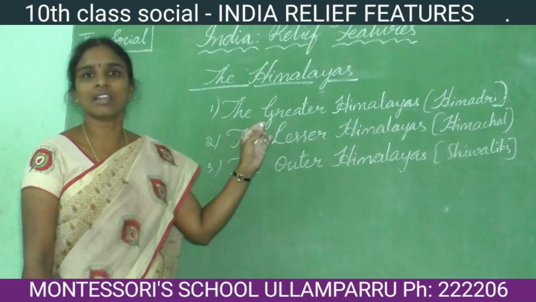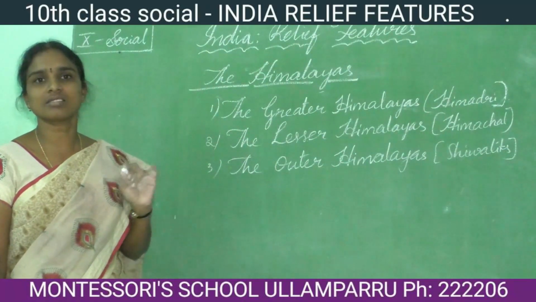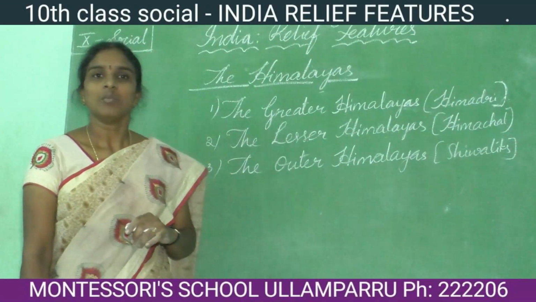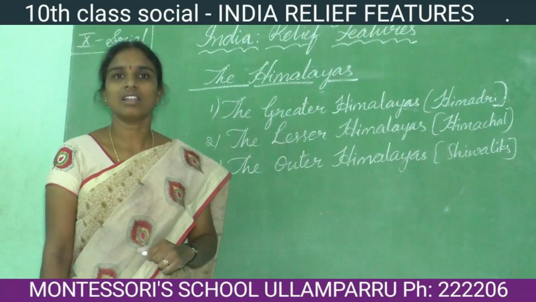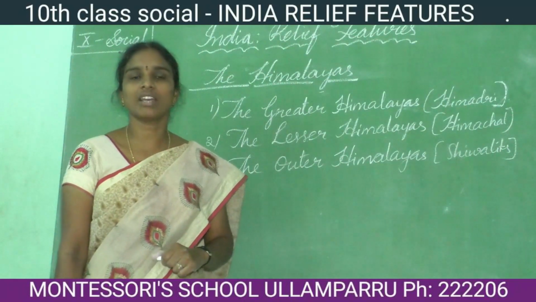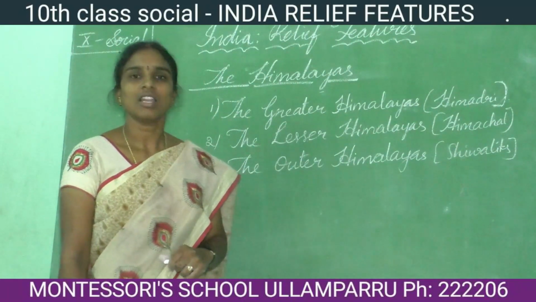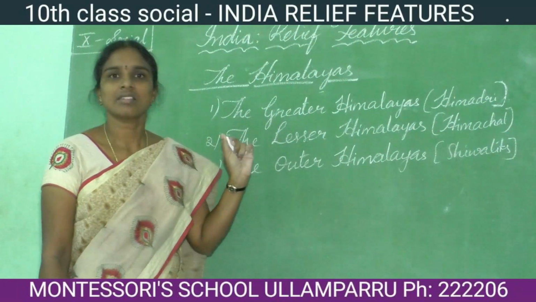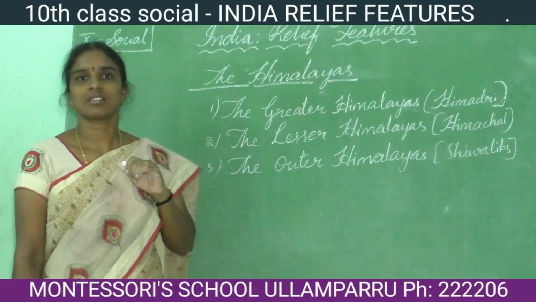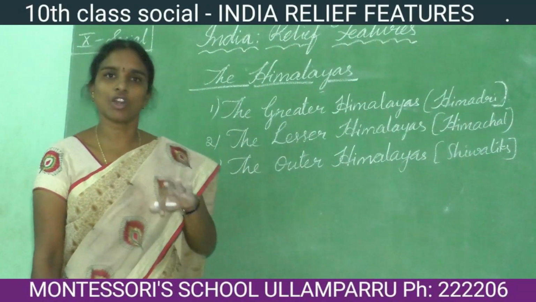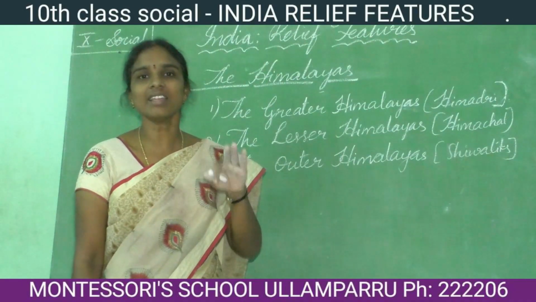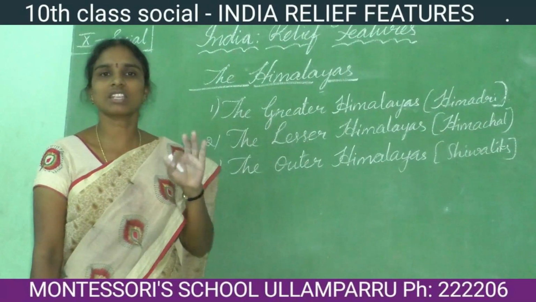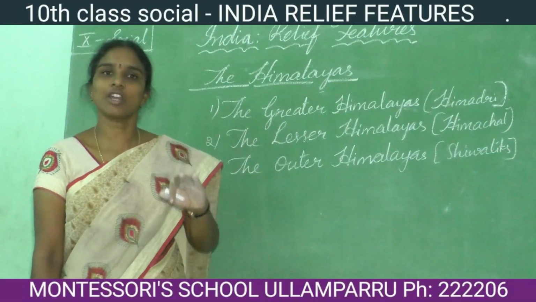We can find some hill stations also, because the Lesser Himalayas are famous for hill stations. Mussoorie, Nainital, Ranikhet are some of the important hill stations of the Lesser Himalayas. And these Lesser Himalayas have compressed rocks with rugged relief, the rugged nature of the stones and pebbles.